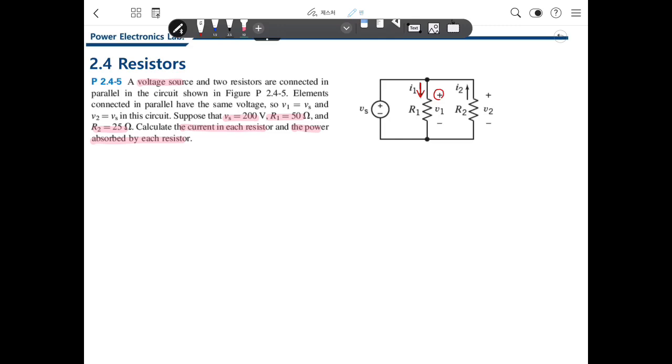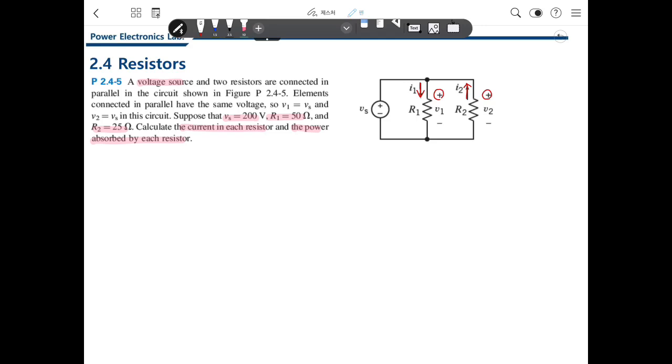And in the case of R2, the direction of I2 is not into but from the plus terminal in this way. So we need to check. Then when you get some answer, we need to check the difference.